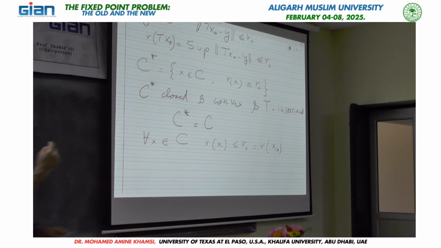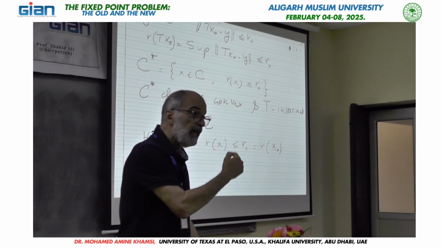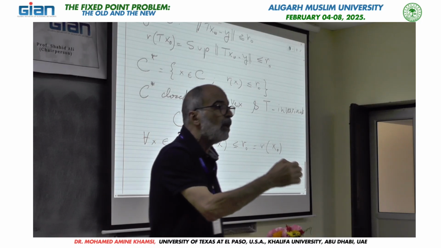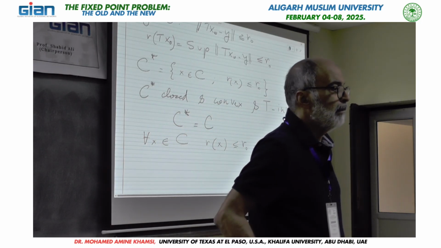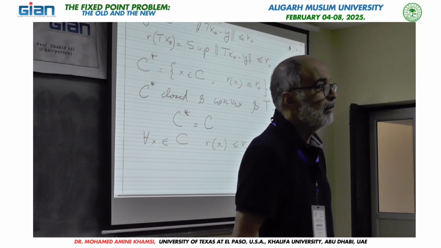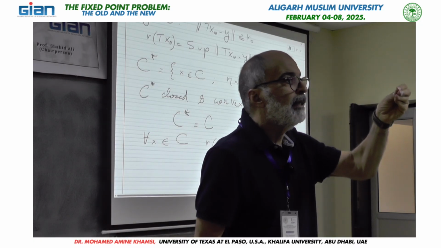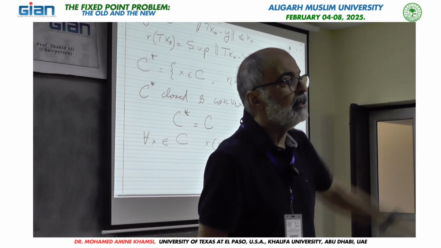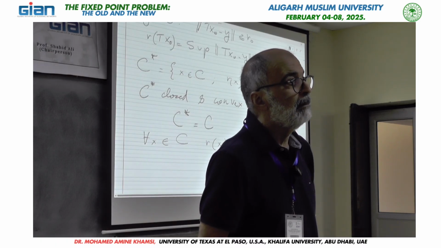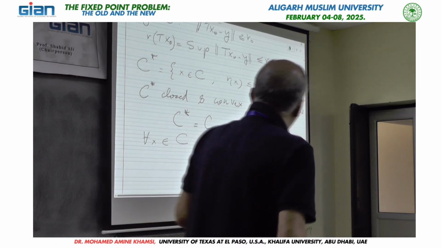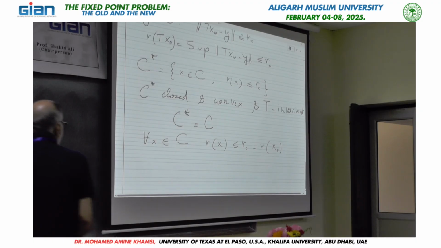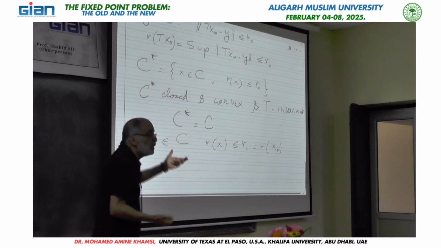Okay. Does this imply R of x is constant? So this conclusion that you see at the bottom, does it imply that the function R of x is constant on C? Because if I take x0, does it have any special property?